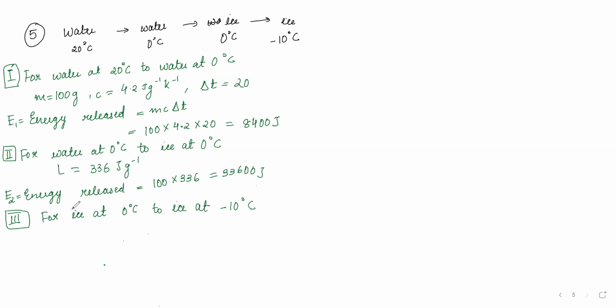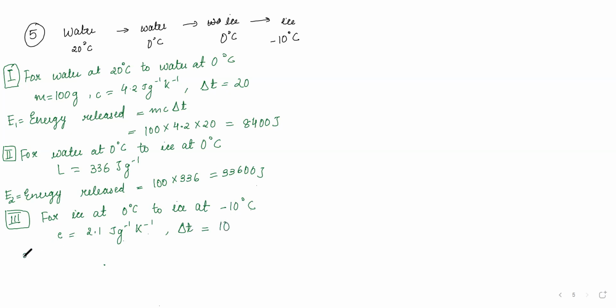Specific heat capacity of ice. So write down the small c here is equal to 2.1 joule per gram per Kelvin. And what is the temperature difference that has been given? Delta T is equal to minus 10, right? So this will be equal to 10.